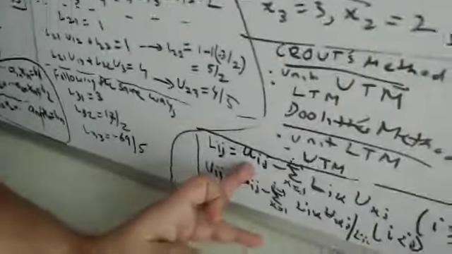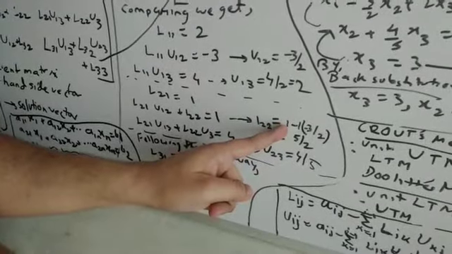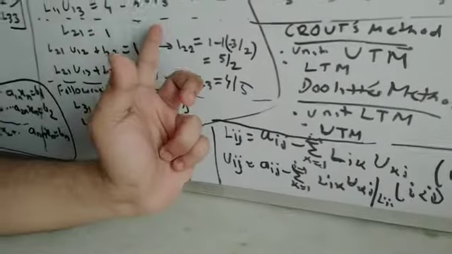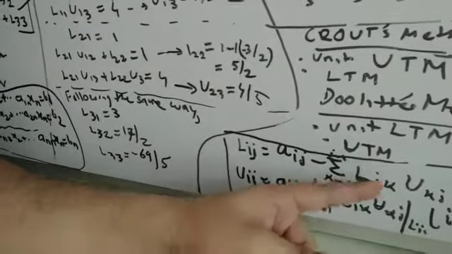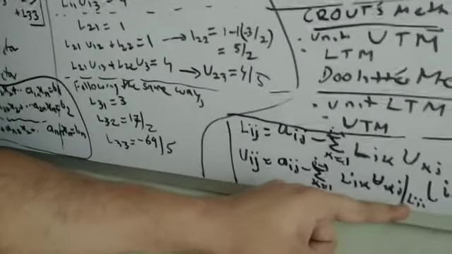You need not worry, say A equals LU. Just choose any one L, and this is your A part, the coefficient matrix, and this is your L into U. So for the general case of n, we can find it this way. And U also, if you map it with this one, it is Aij minus the same summation of Lik Ukj, and the total should be divided by L1,1.